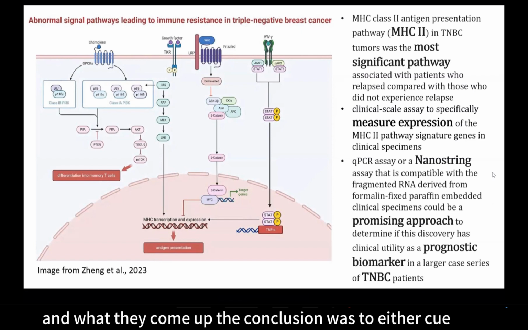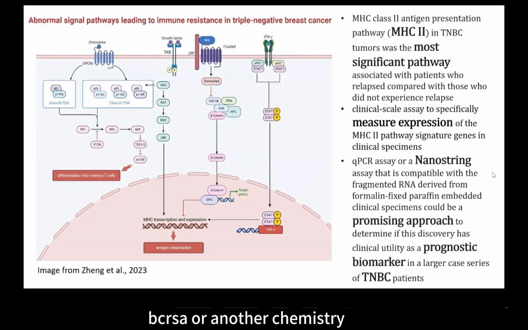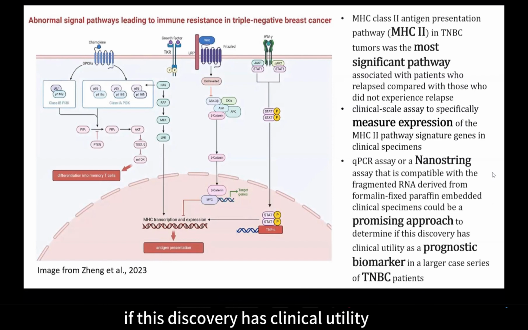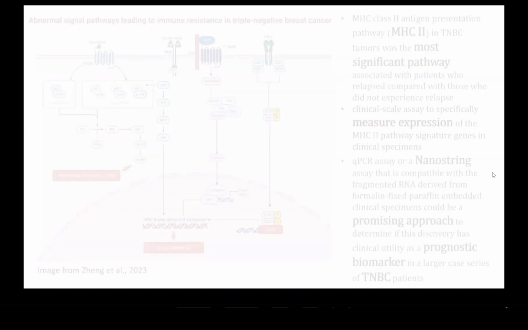The conclusion was that either a qPCR assay or a NanoString assay that is compatible with fragmented RNA derived from formalin-fixed paraffin-embedded clinical specimens could be a promising approach to determine if this discovery has clinical utility as a prognostic biomarker in larger case series of TNBC patients.